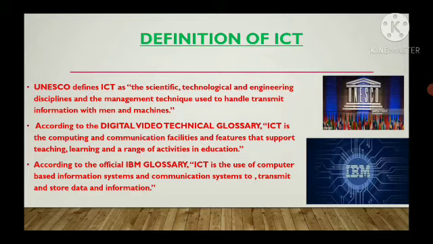The third definition is according to the IBM glossary: ICT is the use of computer based information systems and communication systems to transmit and store data and information. To know more definitions of ICT, you can Google it or look in Wikipedia.